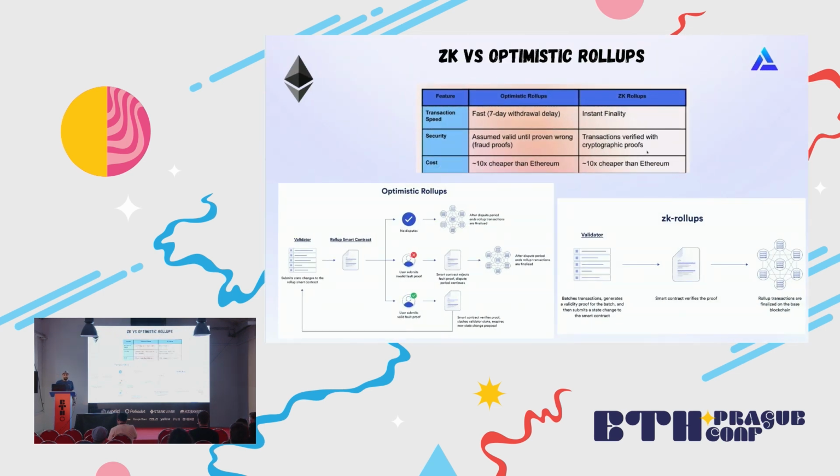As of now, there are mainly two types of rollups available. One is the optimistic rollups, and the other one is ZK rollups. Optimistic rollups use fraud proofs, and ZK rollups use validity proofs. As the name suggests, optimistic rollup assumes that everything you submit to the Ethereum L1 is correct.